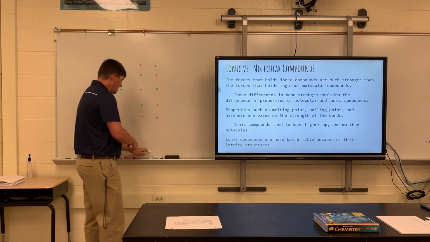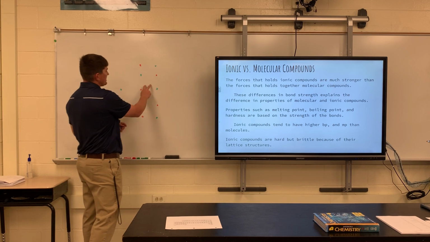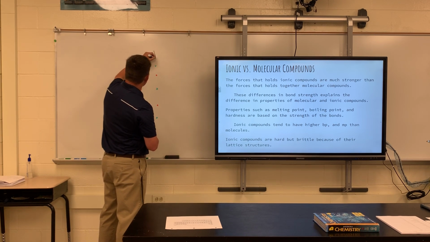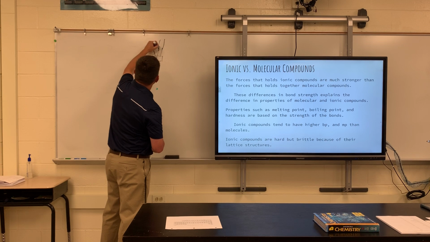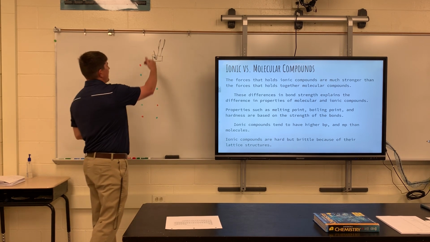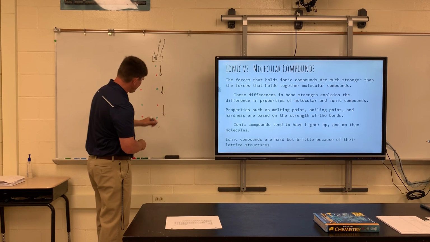All right, so we're just looking at these two right here. Every positive is next to a negative, right? So if I come along and I hit this with a hammer, and bam, here's my giant hammer. How about that? Yeah, that's a hammer handle. Okay? And I hit that, and that shifts all of these guys down one.